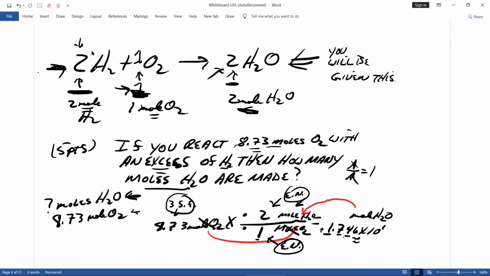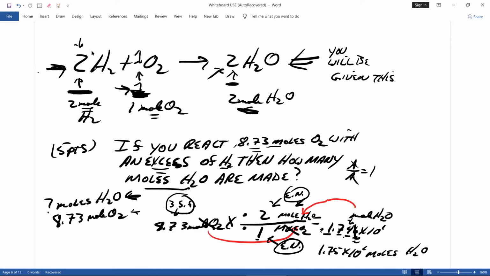Use the 6 to round off. Is that 4 or less or 5 or higher? It's 5 or higher. I drop that, increase this by 1. And that's how you do it.